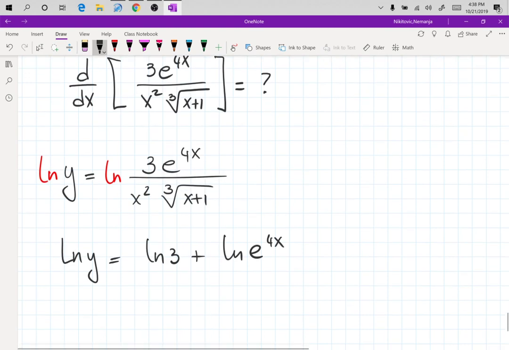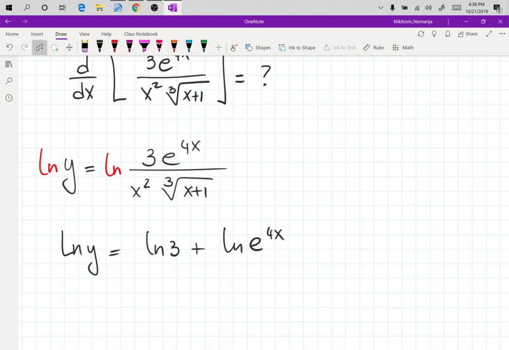And see, this is where they cancel, so this term is no longer ln, this term is just going to be 4x. Divided by, minus, these are in the denominator, so minus 2 ln x and minus 1/3 ln of x plus 1.